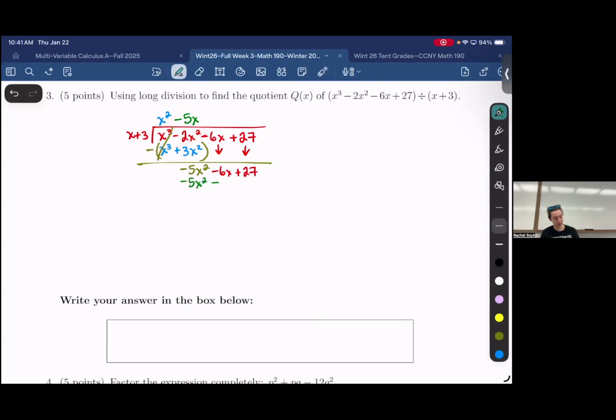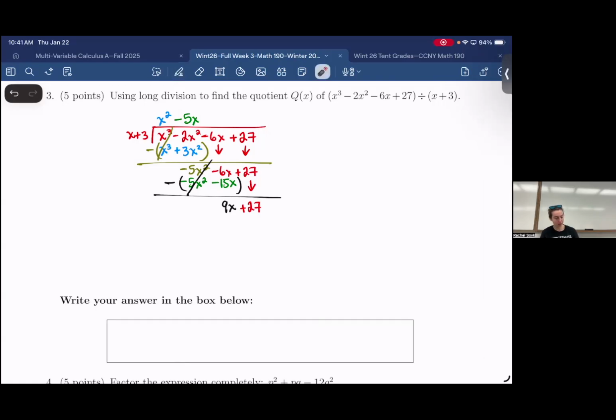-5x squared minus 15x. Subtract this. The first terms cancel out. -6x plus 15x gives us 9x. Let's bring the 27 down. Repeat the process. X times what gives you 9x?